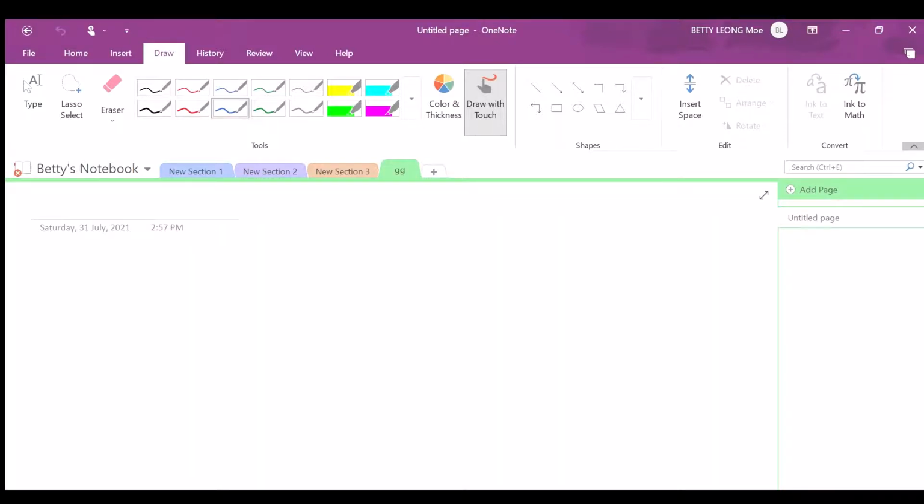Okay, now let's sketch the graph for y equal a cos bx plus c, but we concentrate on the changes of b only. y equal cos 2x.